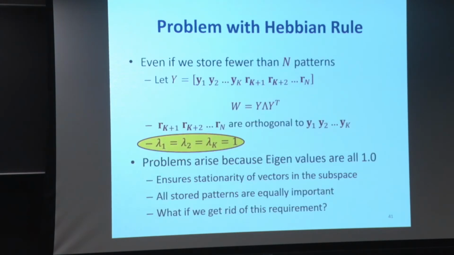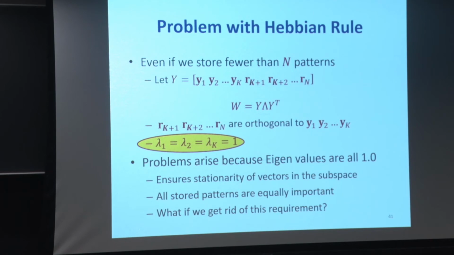So how do you fix this? Why is this happening? This happens because all of our eigenvalues are 1.